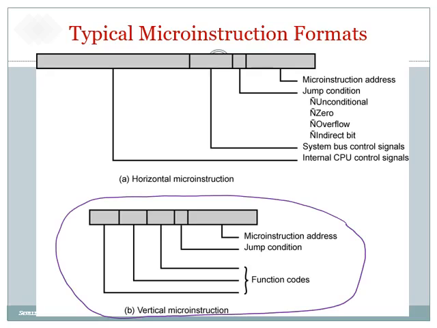It has 3 function codes, to specify 1 micro operation, 2 micro operations, or at most 3 micro operations. Then we have the jump condition, or maybe branch. And lastly, we have the micro instruction address. So this is the format of a vertical micro instruction.